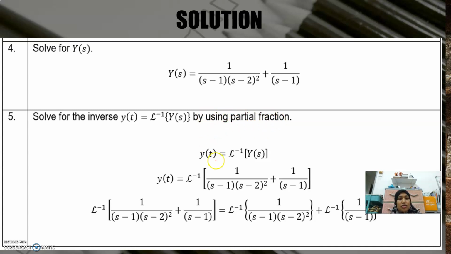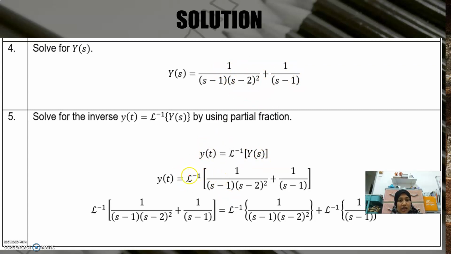Okay, so y(t) is equal to inverse Laplace of Y(s). It means that you need to inverse all the Y(s) that you got just now. So substitute this equation in this equation.